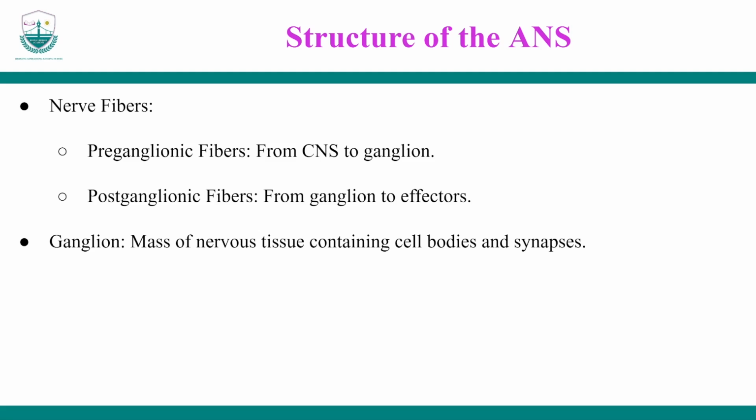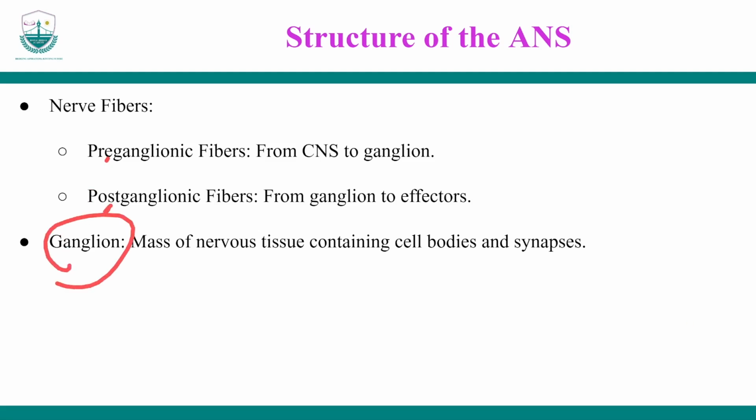So nerve fibers that are before the ganglion are called the preganglionic fibers. Nerve fibers that are after the ganglia, we call them the postganglionic fibers. Remember this: pre is before, and post is after.